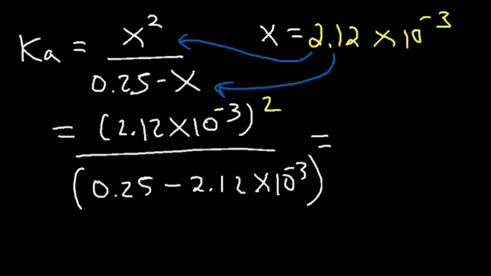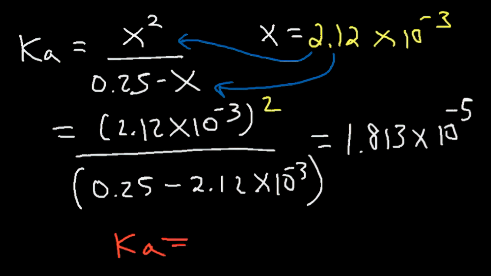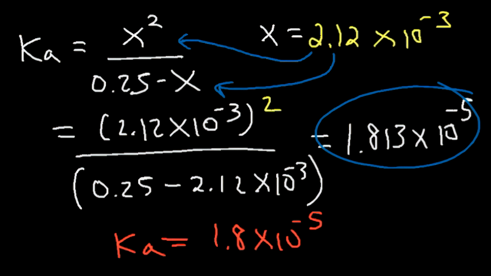So if you type in 2.12 times 10 to the minus 3 squared, and then divide that by 0.25 minus 2.12 times 10 to the minus 3, all in parentheses, you should get 1.813 times 10 to the minus 5. So notice that the answer is slightly different from the true value of Ka. The true value of Ka for this problem was 1.8 times 10 to the minus 5. So it really didn't deviate that much.